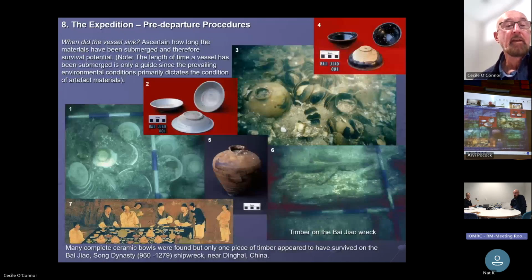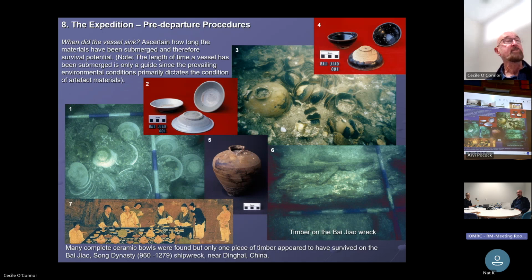Now, you might think how long something is underwater is the main factor of whether or not it's going to survive. But the truth is, it's the environment in which it is. If it's exposed to the water column, yes, you're going to lose timbers because shipworm will eat them. Things like ceramics survive exposed unless they're abraded by sand movement and erosion. But essentially, it's the environment.